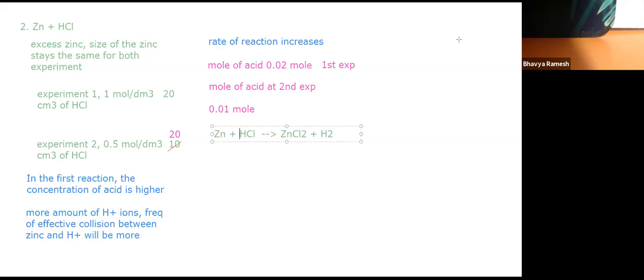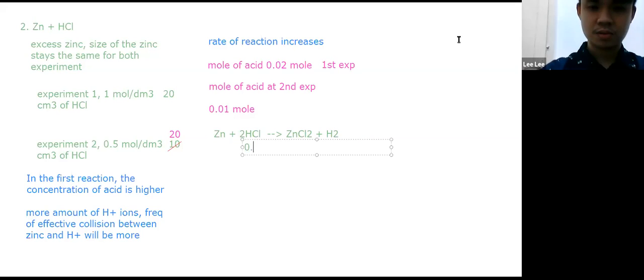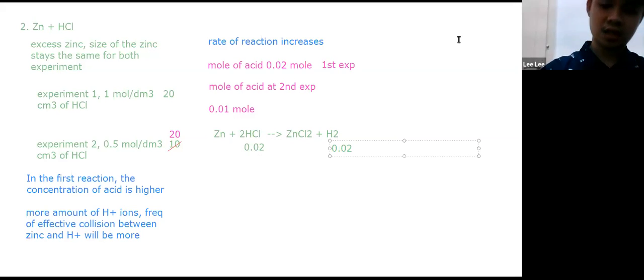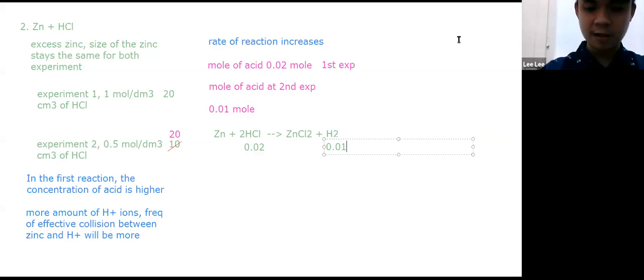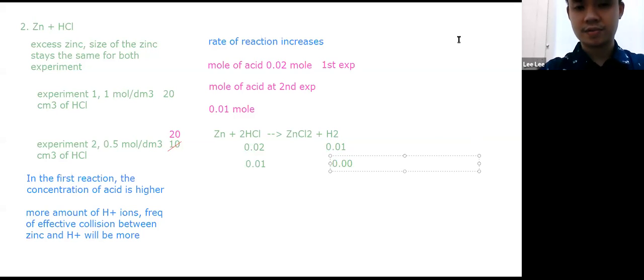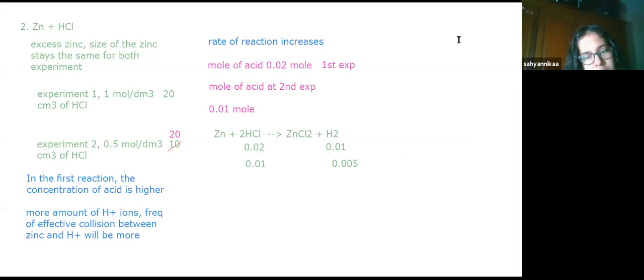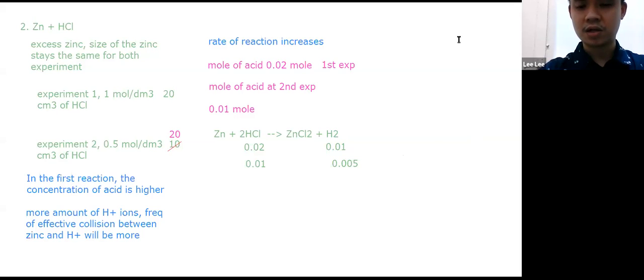So if your HCl is 0.02 mole, then your H2 here will be 0.01 mole, because only one unit. So if the HCl is 0.01 mole, it means the H2 will be 0.005 mole. The equation is until here, comparing the ratio of the coefficients to find the mole. Understand?